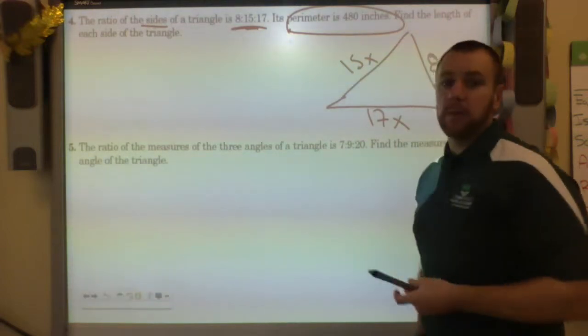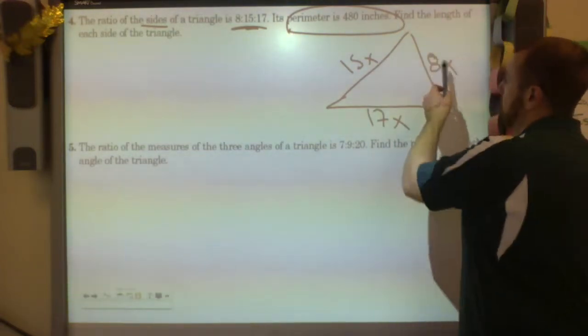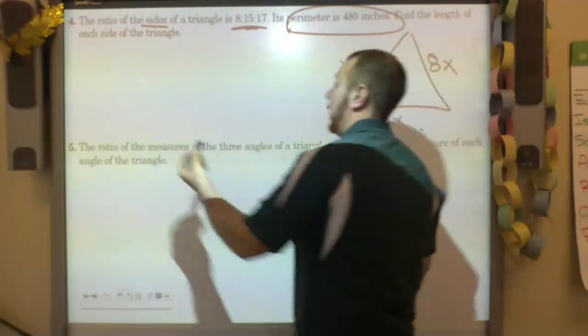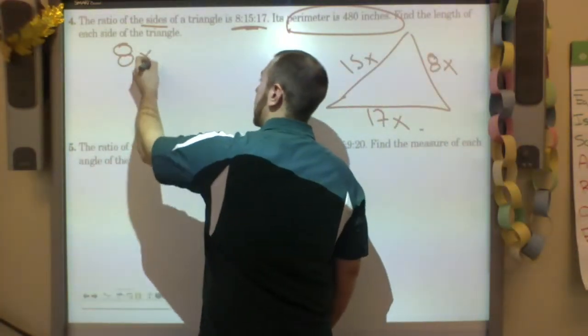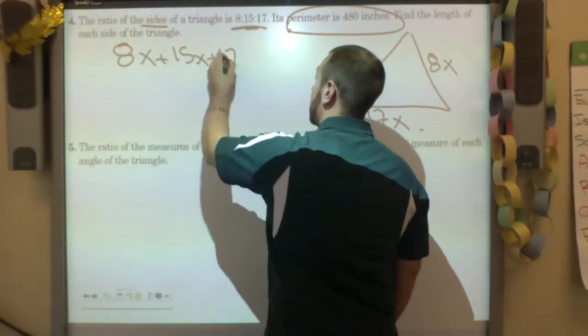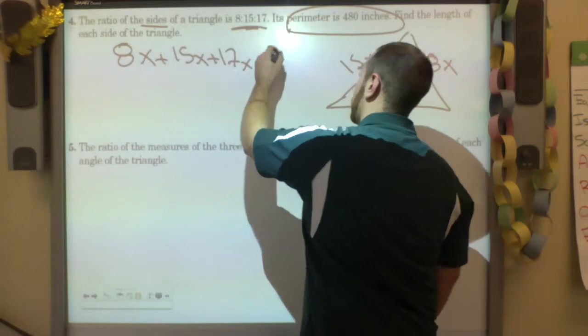480 perimeter. Perimeter, I have to know, is when I add all those sides together. So I can create an equation: 8x plus 15x plus 17x equals 480.